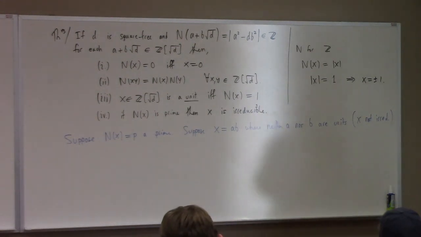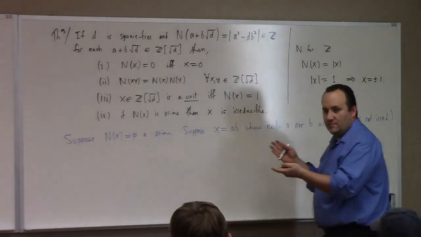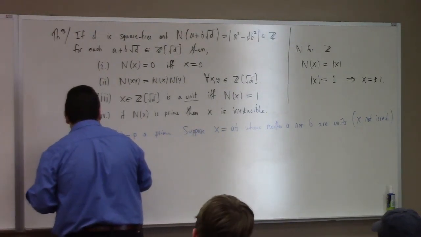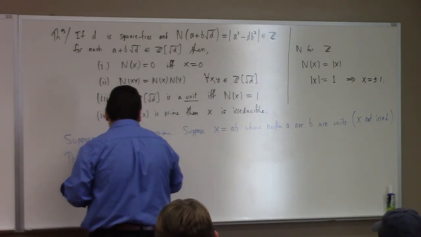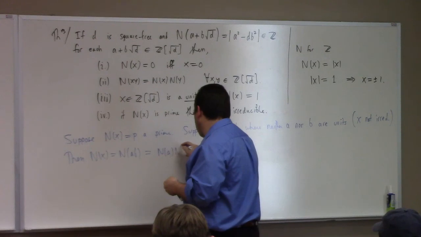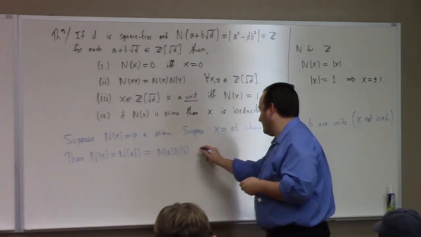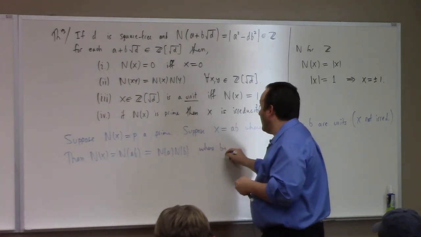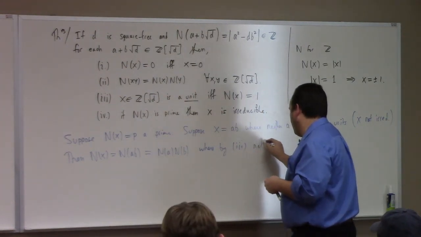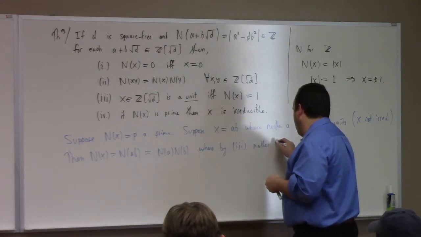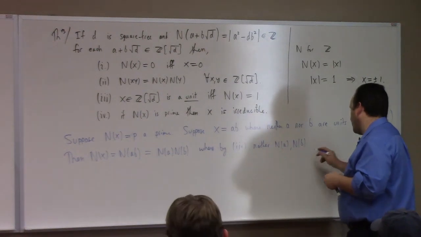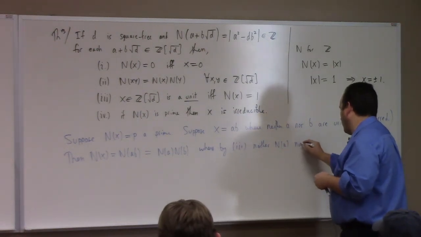Anyway, so then you take the norm, right? The norm of x is the norm of ab, which by the property you guys did prove in your homework is the norm of a times the norm of b, where by 3, neither N of a nor N of b is what?